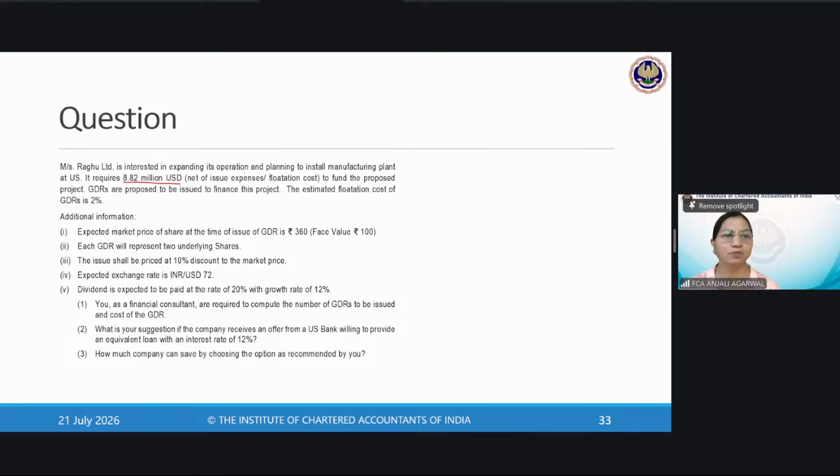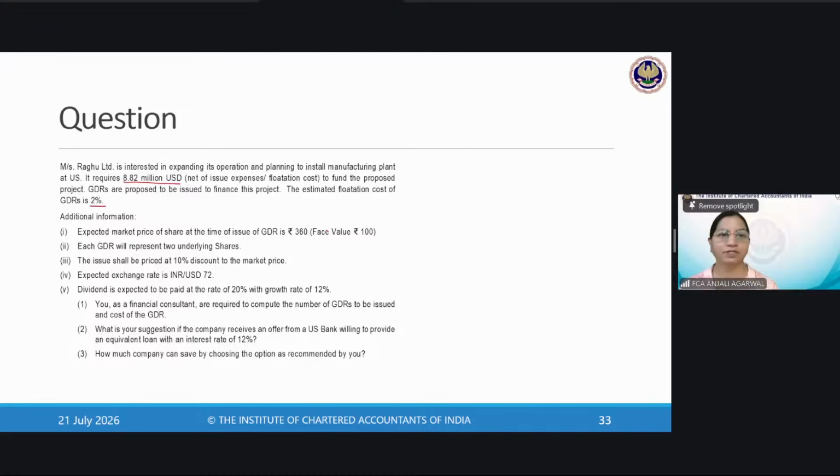To fund the proposed project, GDRs are proposed to be issued to finance this project. So we need 8.82 million net of issue expenses, and we are trying to finance this using GDRs, Global Depository Receipts. The estimated flotation cost is GDR 2%.